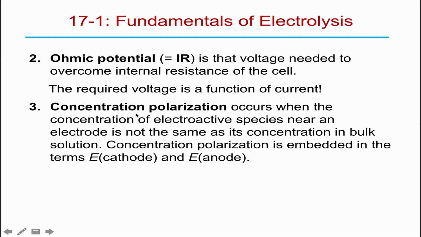And finally, we have one more term called concentration polarization. Concentration polarization is due to the fact that when you transfer electrons, you change the concentration of species at the cathode and the anode. So if we change the concentration at the cathode and the anode, the bulk concentration is different than the surface or the electrode concentration.